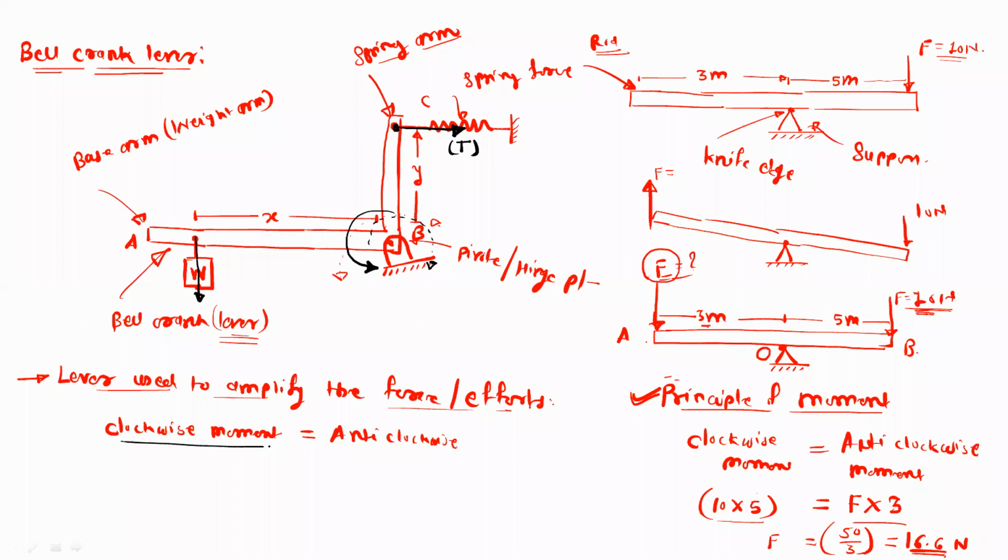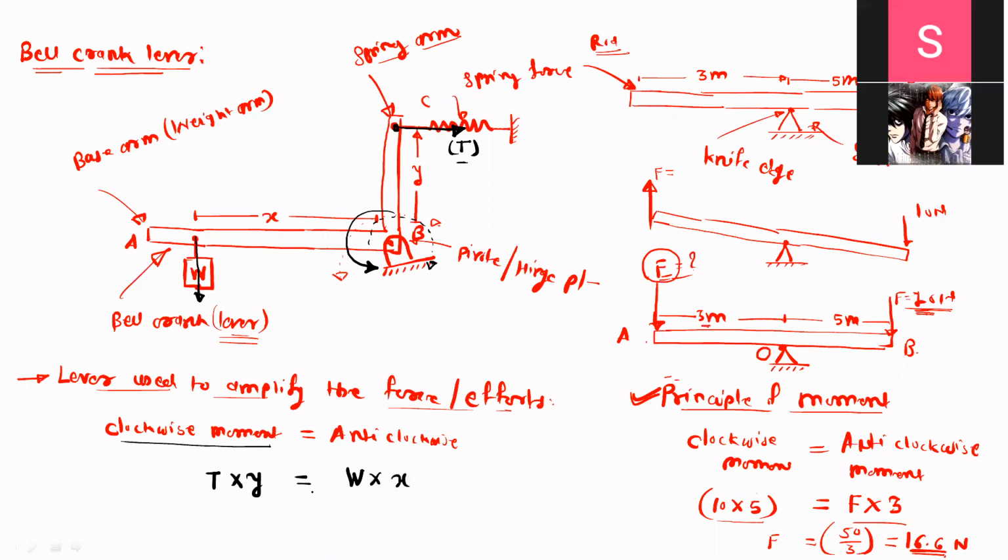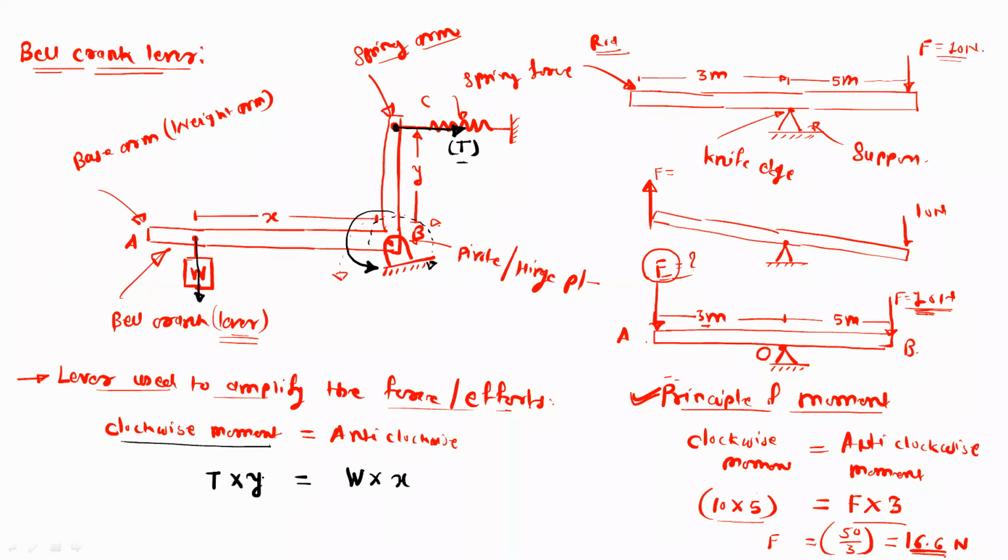So the clockwise moment here is created by this tension. So we will write this tension T in the spring into distance Y equal to weight W into distance X. During the experiment, the Y distance will be given, W will be given, that is the weight, and the X distance will be given.